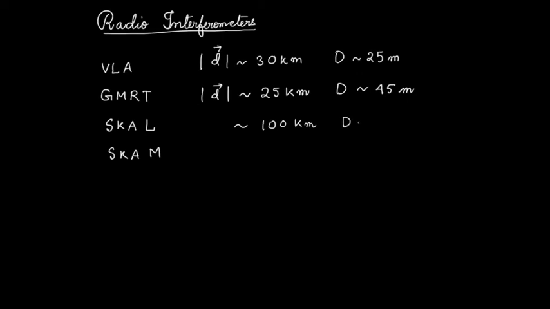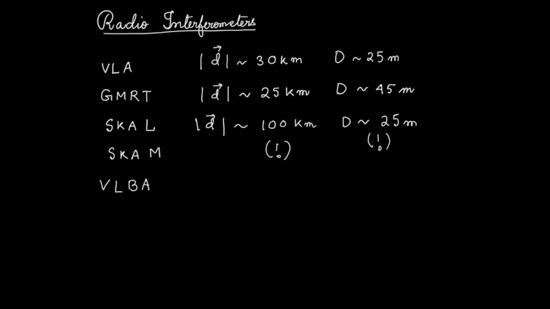The dish varies as well, at around 25 meters or so. I put exclamation marks over here. The largest interferometer that exists is a collection of several dish antennas around the United States of America.